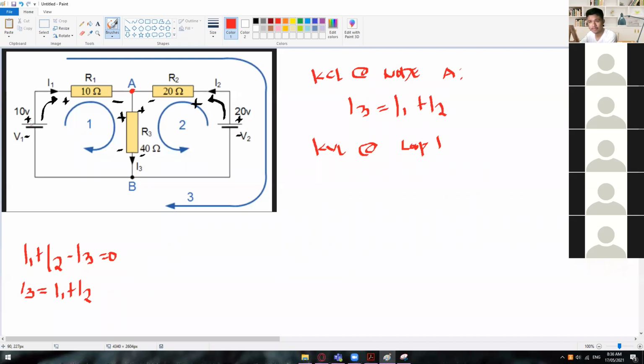So in here, it leaves at the positive, so I will use positive 10 volts. But you can also go with negative 10 as long as you're consistent with your signage. But in my case, I always use the leaving signage of that component. So in here, we have positive 10 volts.